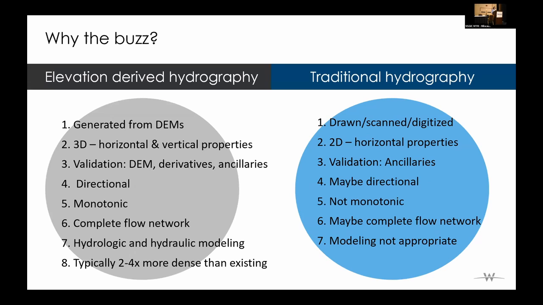All right, so what makes EDH special? Really, there's a couple of different things. First of all, it is 3D. We're not only talking about where surface water is on the landscape from an X and a Y position, but we're talking about it from the Z position, right? What is the elevation of that itself? We're talking about monotonicity, right?